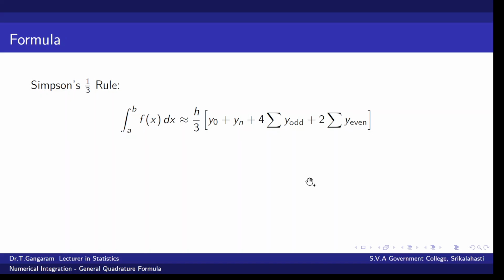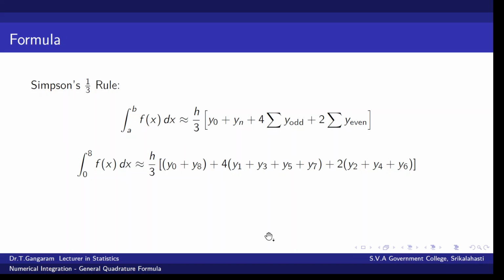Now, Simpson's one-third rule is given by integral a to b f of x dx approximately equal to h by 3 into, from the formula, first term plus last term plus 4 into sum of all odd terms plus 2 into sum of all even terms.